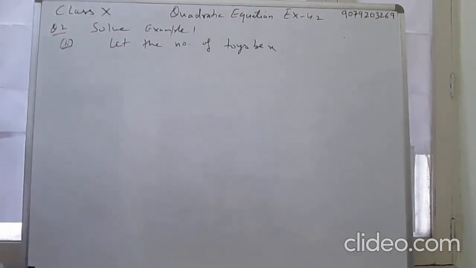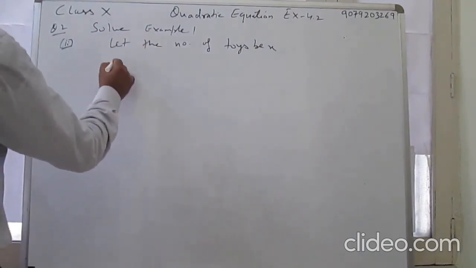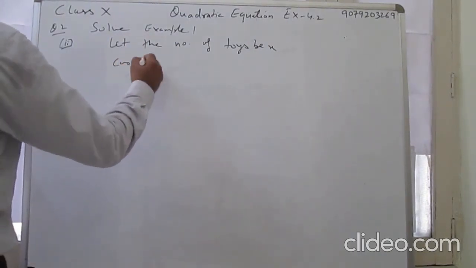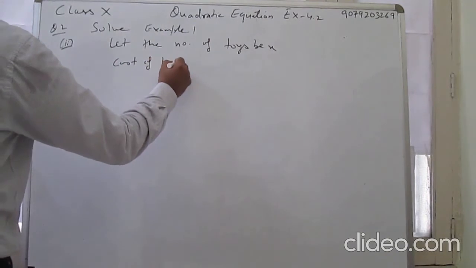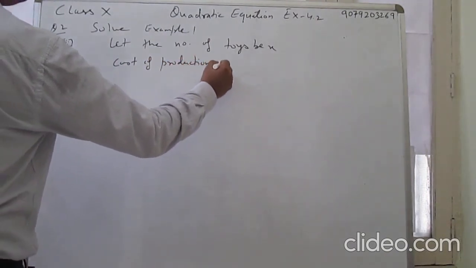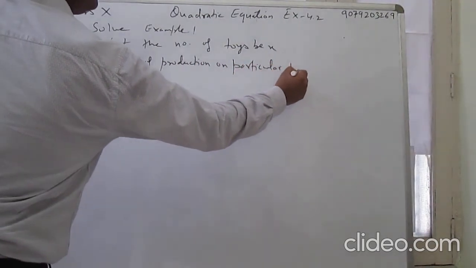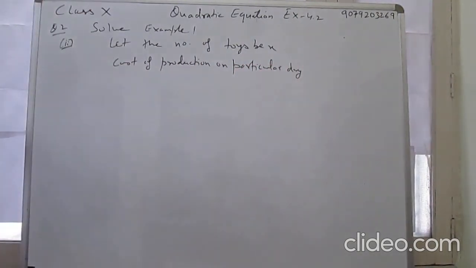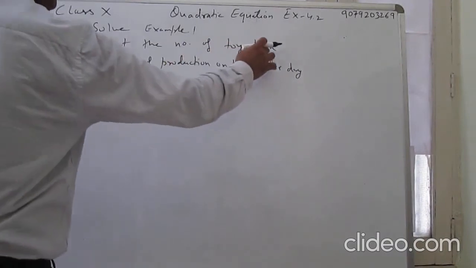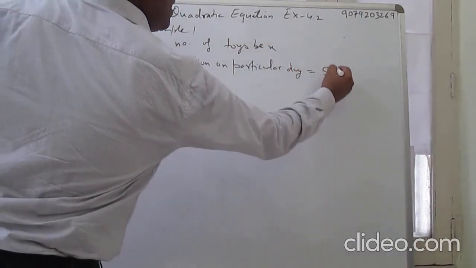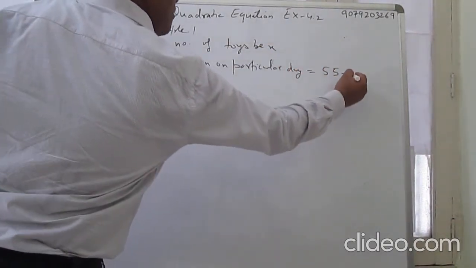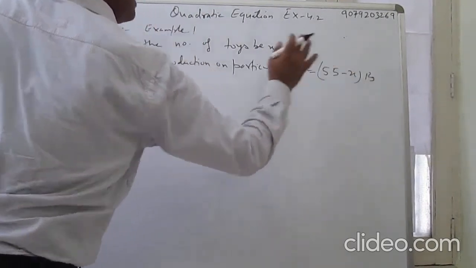The cost of production on a particular day was found to be 55 minus the number of toys, that is 55 minus x.